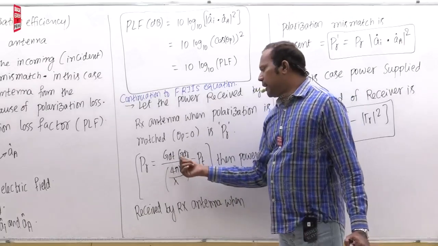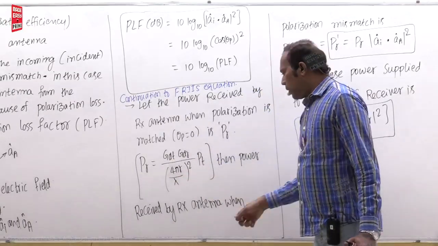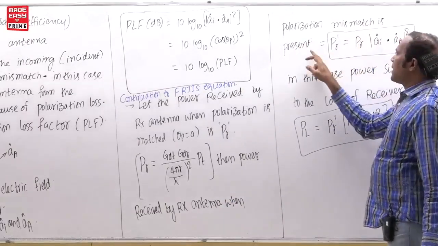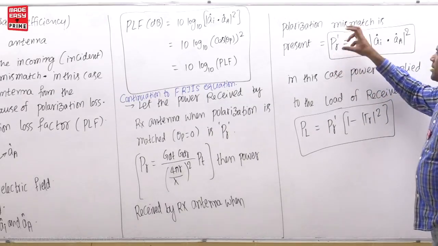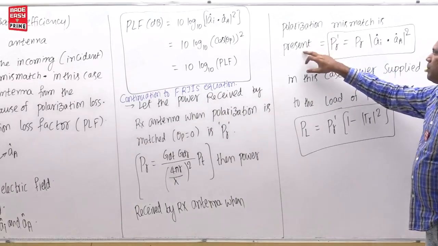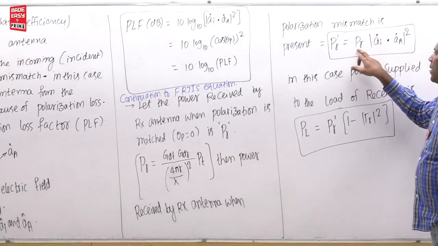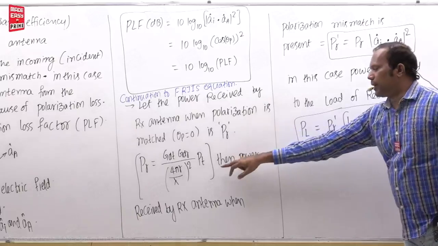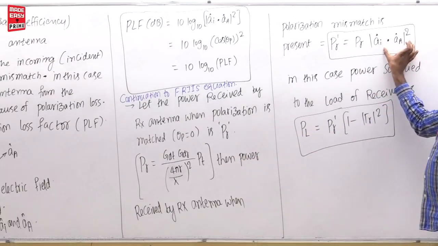Then PR is equal to GDT, GDR divided by path loss into PT. Then the power received by the receiving antenna when polarization mismatch is present, let us call that power PR dash. PR dash, that means the power received whenever there is a polarization mismatch, is equal to the power received whenever theta p is equal to 0, which I wrote here, multiplied with the polarization loss factor.